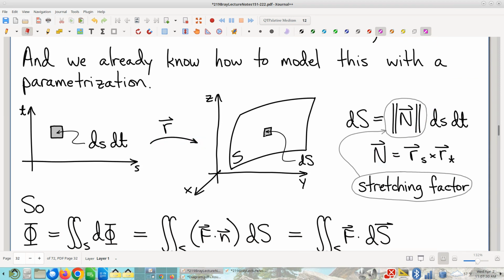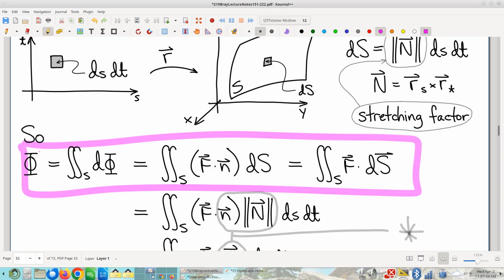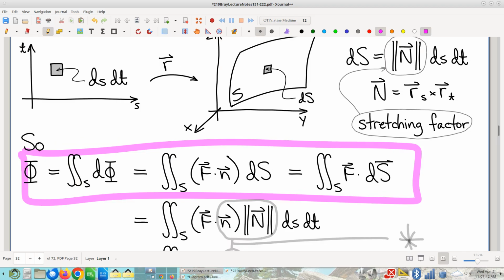And so look how easy it is to compute this construction that we just wrote down. And that's nothing but a recopy. That's literally copy-paste from above. This construction, if you just write down this right here, ds is the magnitude of capital N times ds dt, like so.